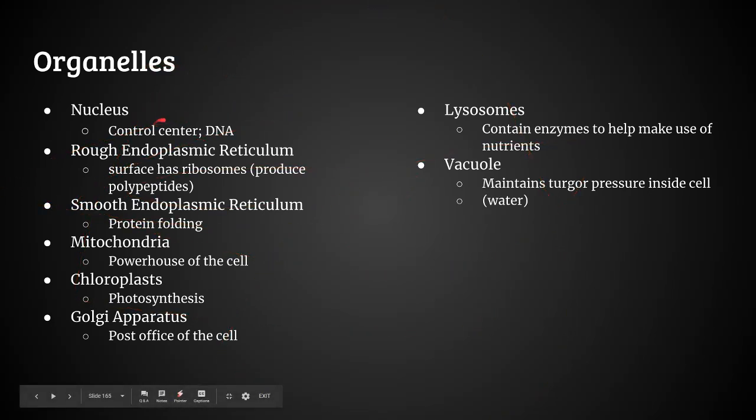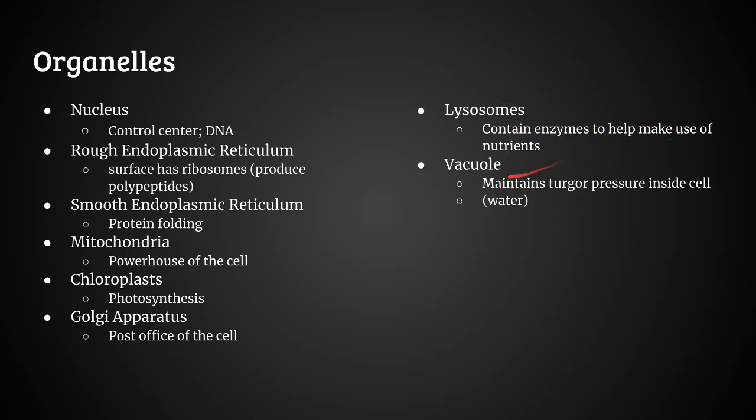Next, we have our organelles. You got your nucleus, which is the control center. A rough endoplasmic reticulum, which is the surface, which has a bunch of ribosomes. Smooth endoplasmic reticulum, which has protein folding, and the mitochondria, the powerhouse of the cell. You got your chloroplast, which can control photosynthesis. The Golgi apparatus, which is the post office.